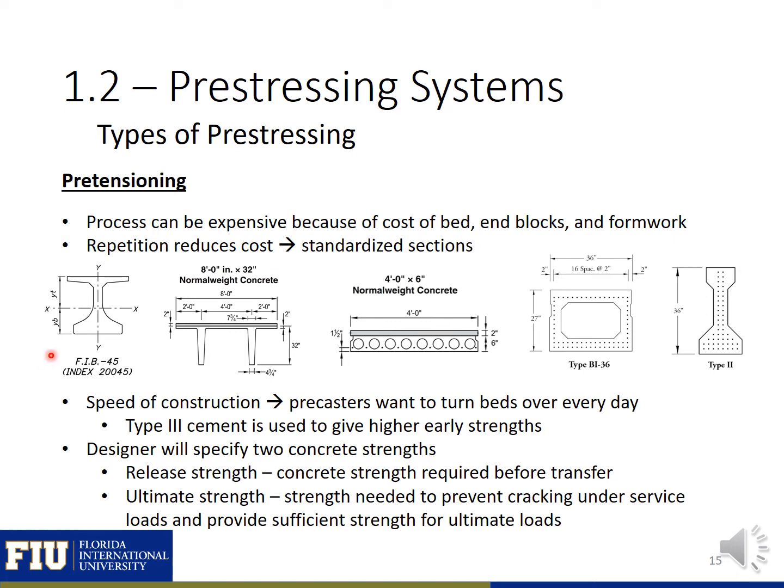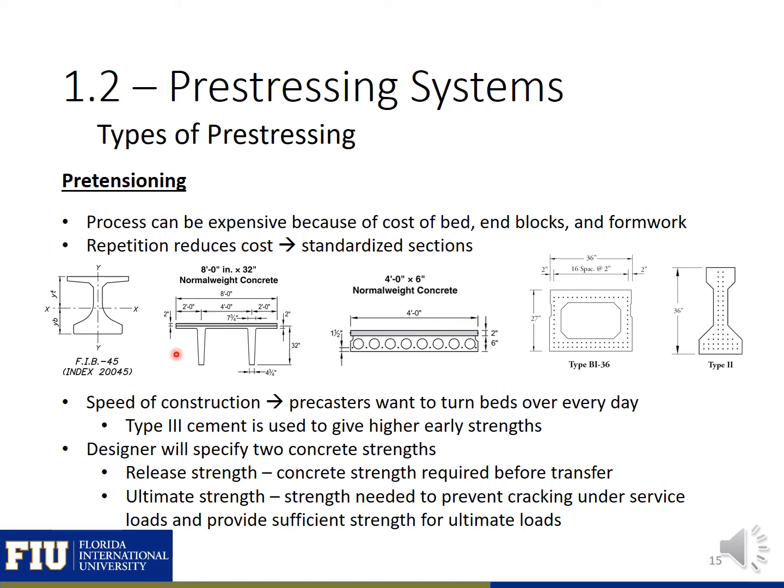So shown here is a Florida I-beam section with a 45-inch depth. So this is an FIB 45, common in Florida for bridge construction. Other states have their own standardized sections, and they're used within their states and built by precasters typically within the state. For building construction, there are other types of members.